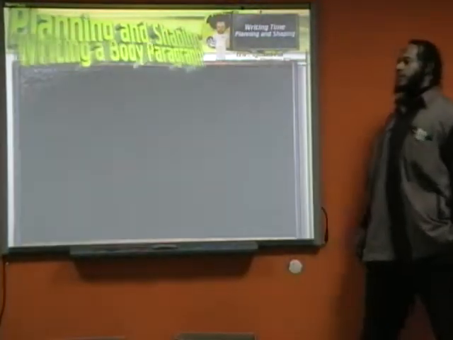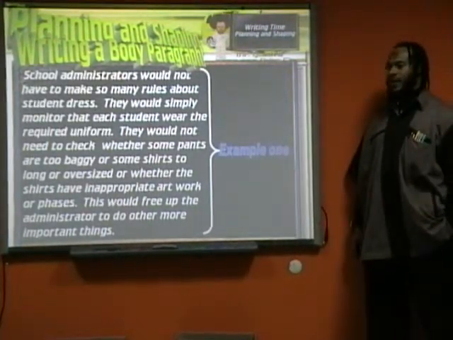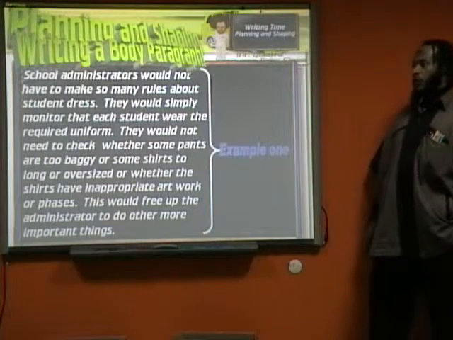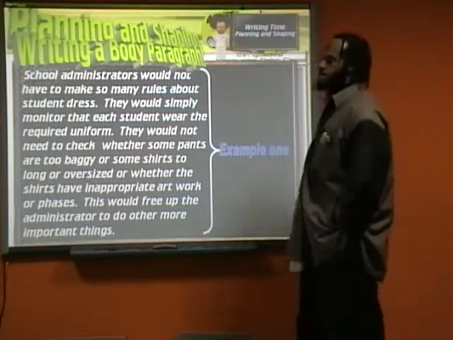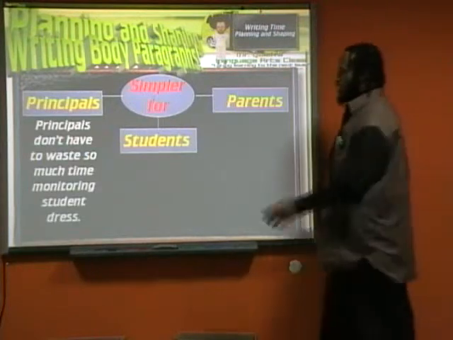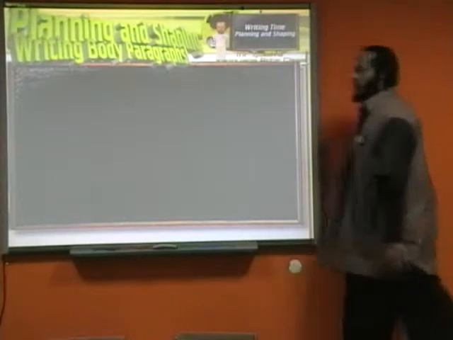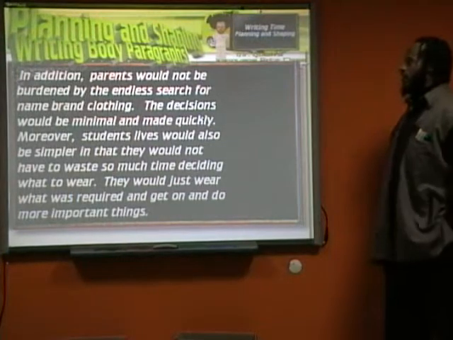So would it be safe to say that we have dealt with example 1? Example 1, which was the principal. Okay. Now, moving right along. So we need to come up with what? Students? Okay.